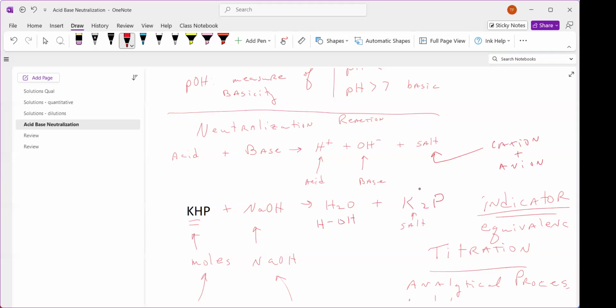And the reason why we use a dry acid, KHP, instead of a wet acid like hydrochloric acid, which is a liquid, is that we can measure dry stuff much more precisely than volumes of liquid. That's why they always used a dry acid, KHP. And interestingly, they stopped making it. So I don't know what schools are going to do when they can't get KHP.